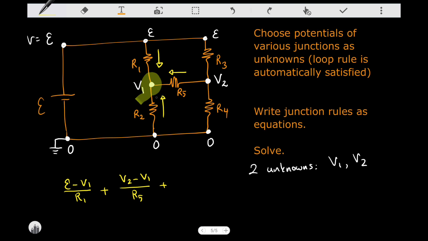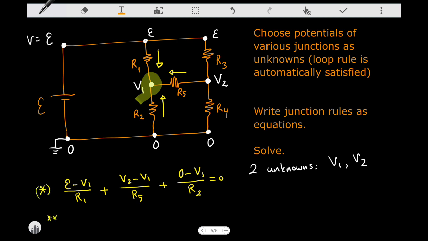That might seem a little bit unusual because you might think that V1 is positive, in which case the potential drop is negative in here. But in any case, if I move along the direction of the arrow, the potential drop would be 0 minus V1. Therefore 0 minus V1 divided by 2 is equal to 0. So that's the first equation.